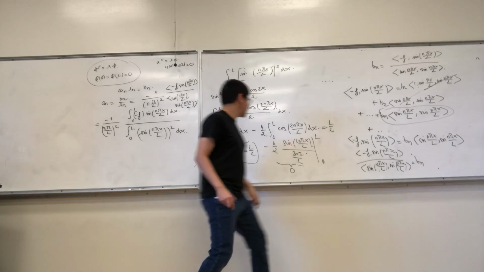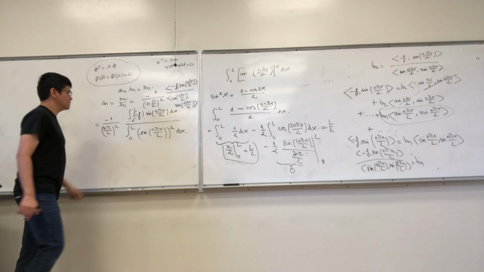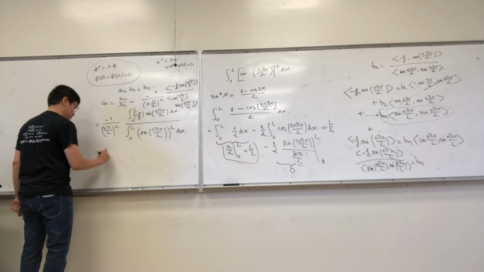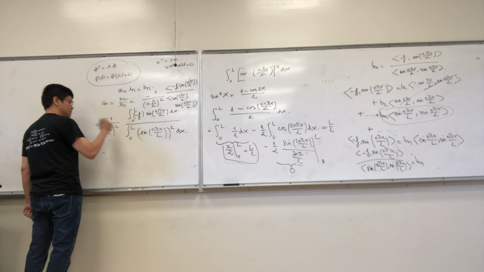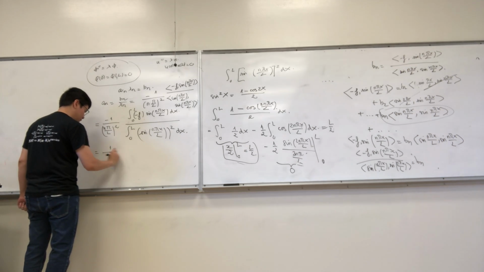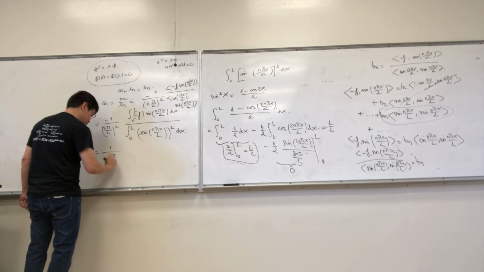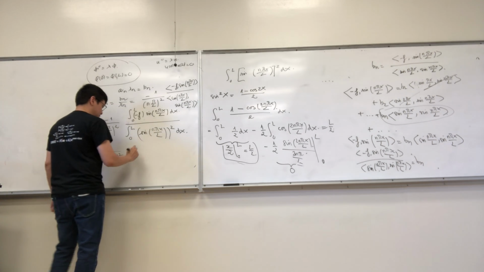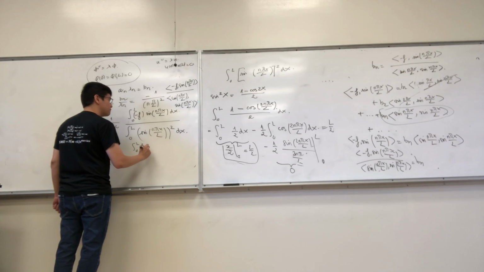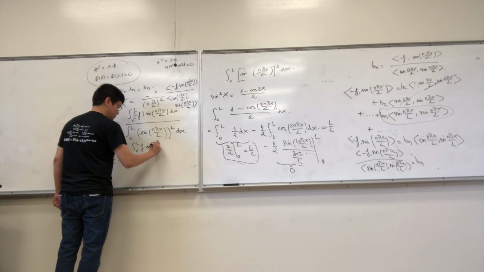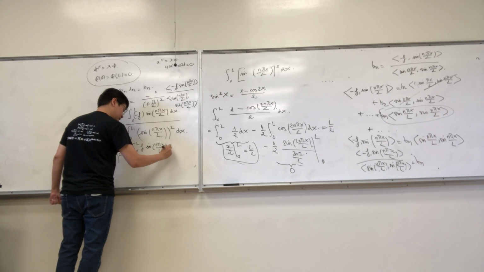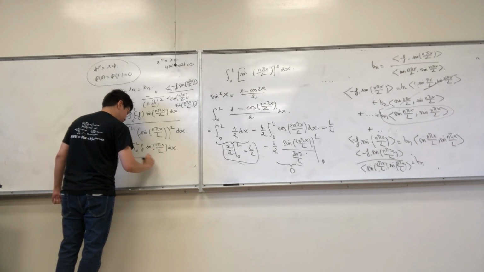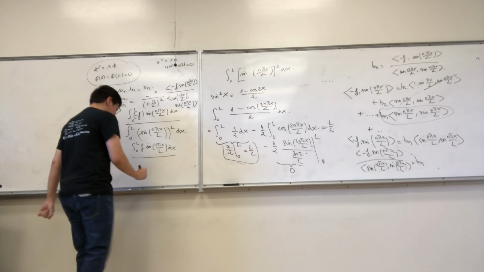Finally, this guy is L over 2. I plug it here. So this gives me, I have minus and minus, so I'm going to remove the minus. So I have minus 1 over n squared, integral from 0 to L of f sine of n pi x over L dx, dividing by L over 2.